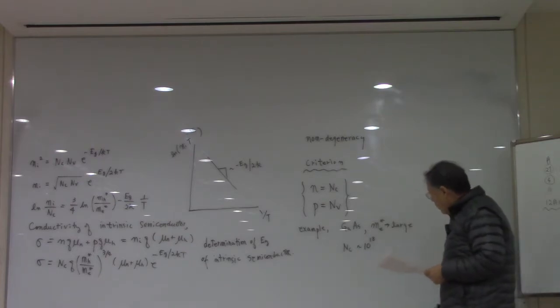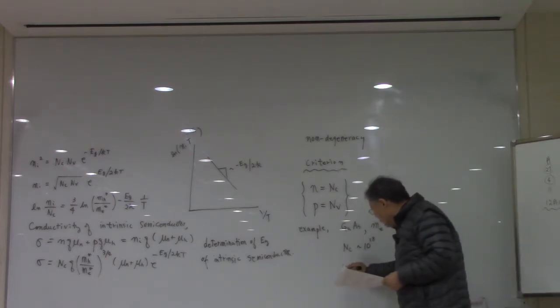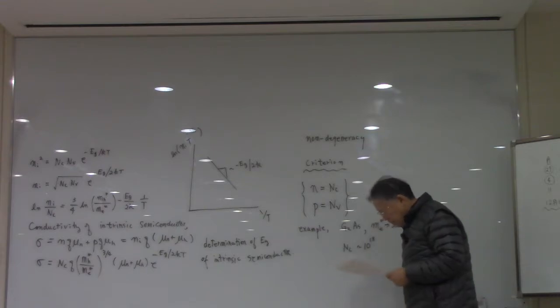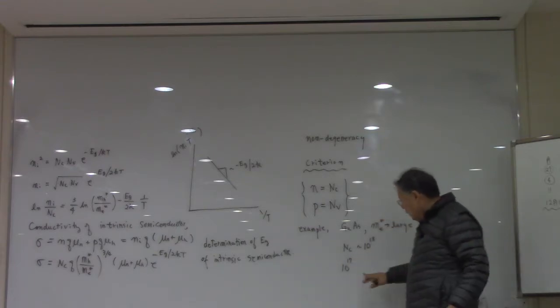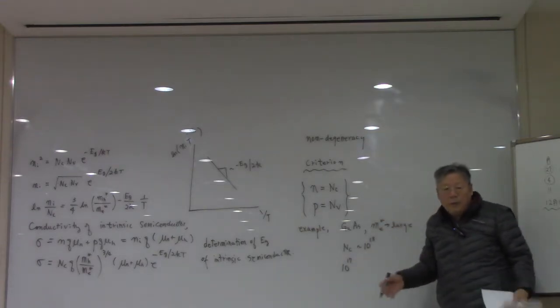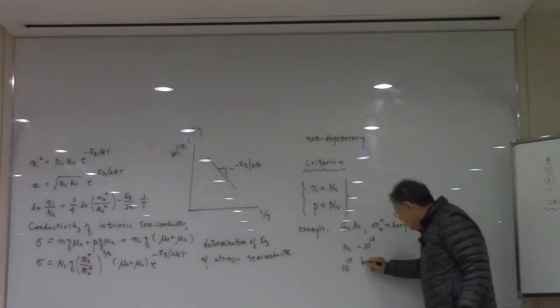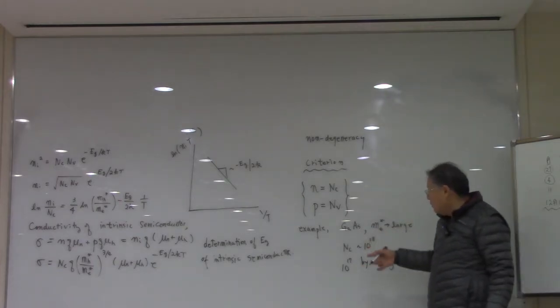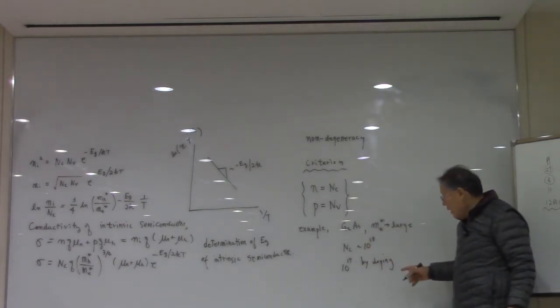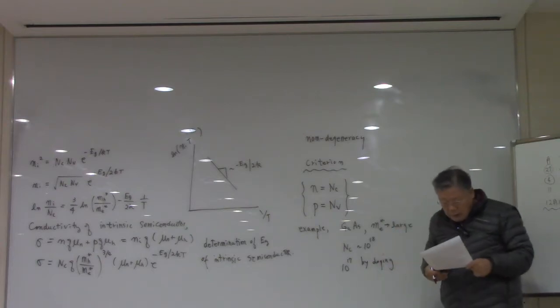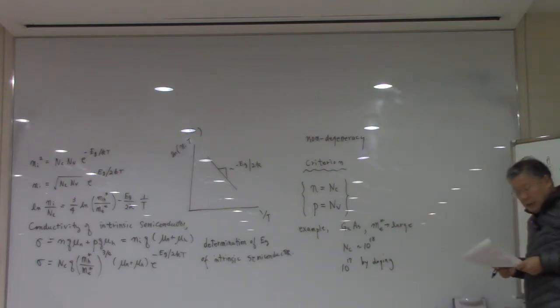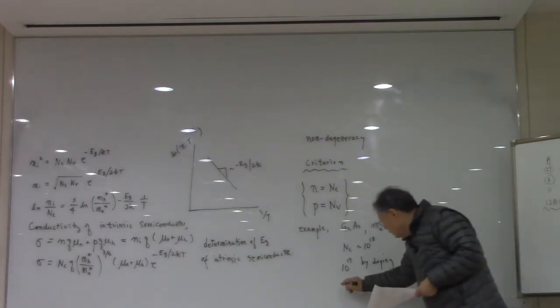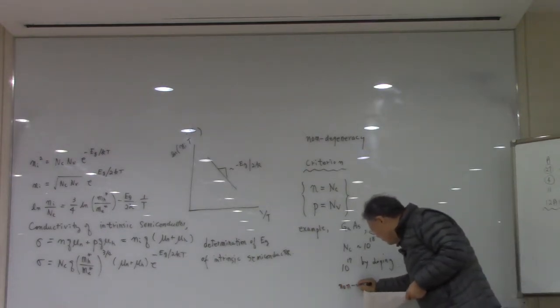So if 10 to the 17th electrons exist in the material by doping, then it is still non-degenerate.